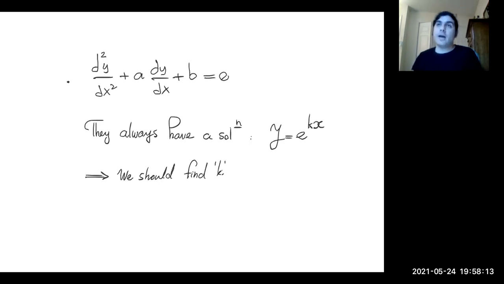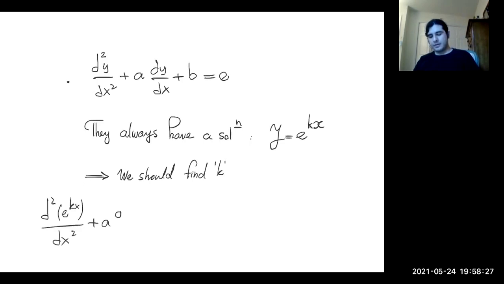In order to find k, I would just plug y equals e to the kx into the equation. So the second derivative of e to the kx with respect to x, plus a times the derivative of that, plus b, should be 0.